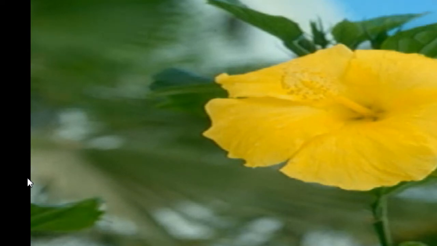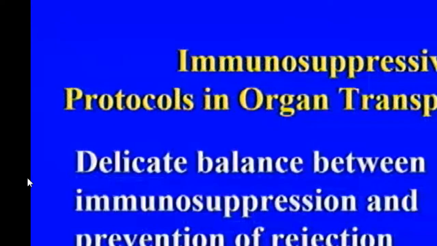And if you do immunocompromise the patient, then you may have secondary infection. Now, there are protocols for organ transplantations, and many protocols. But you have to maintain a delicate balance between immunosuppression on one side and prevention of rejection on the other side.